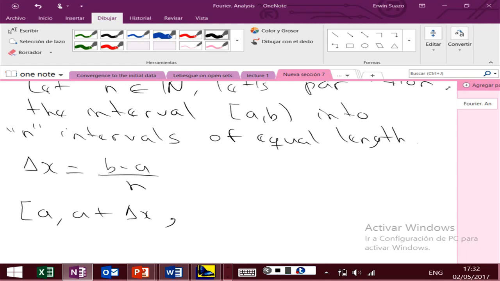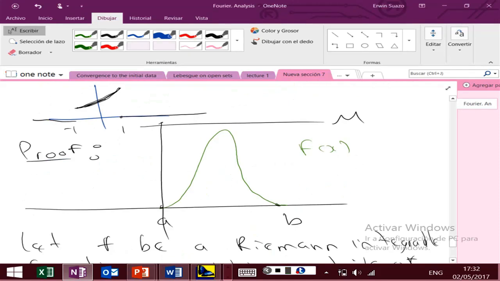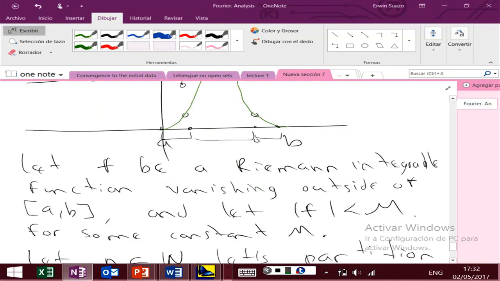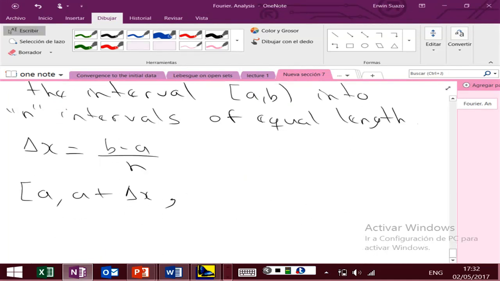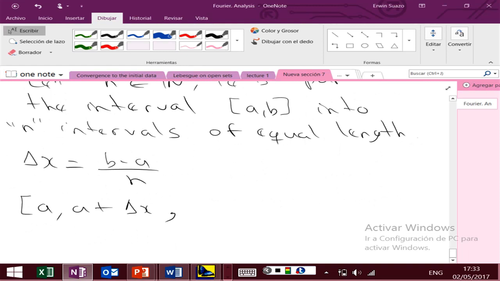It doesn't matter, because a Riemann integral can have finite discontinuities. You could have this one closed, this one open, and the integral is going to be the same in Riemann integral, because you split from here to here plus from here to here. So you can just put b like that, but technically it's wrong because you are not including the b at the end. It's technical, not really important.